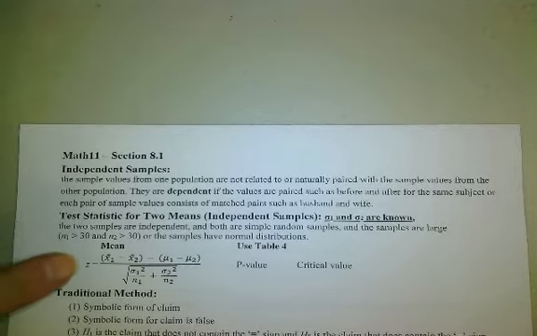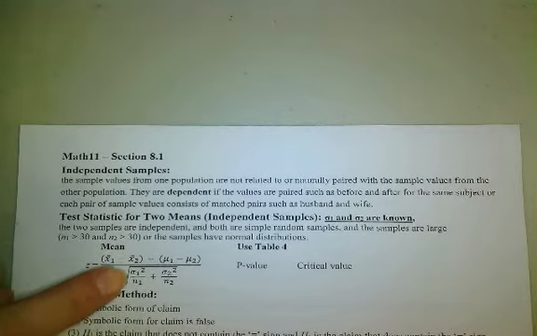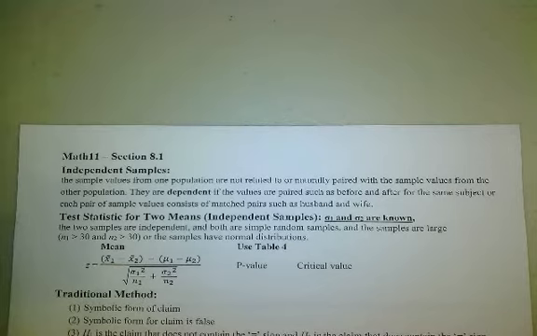So again, if you go back to the previous chapter, you'll see how similar that z-score looked. Basically, it was x1, the mean of the sample, subtract the mean of the population over the square root of sigma 1 over n. Also, please note, these are sigmas, not s, so these are the population standard deviations, not sample standard deviations.